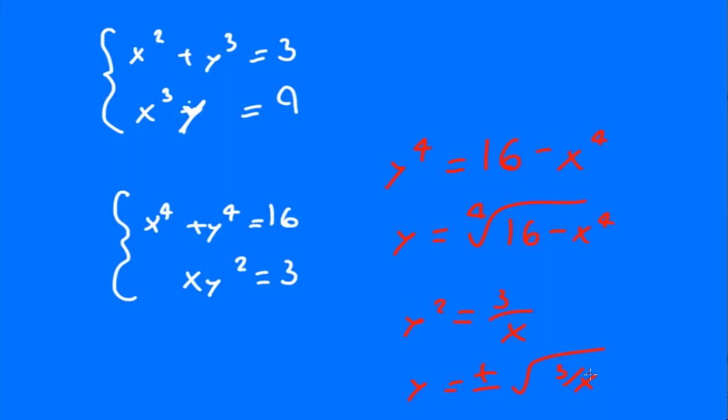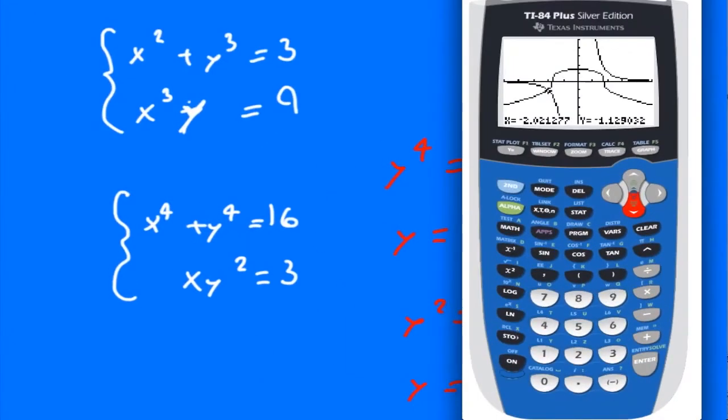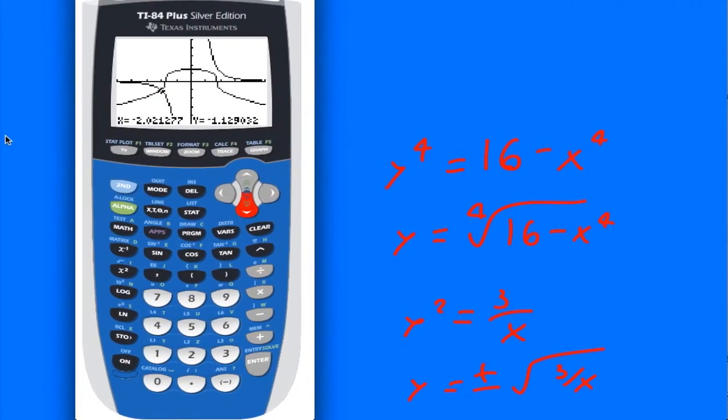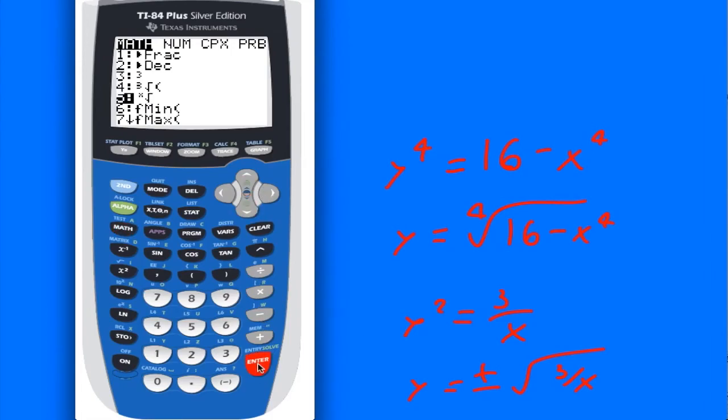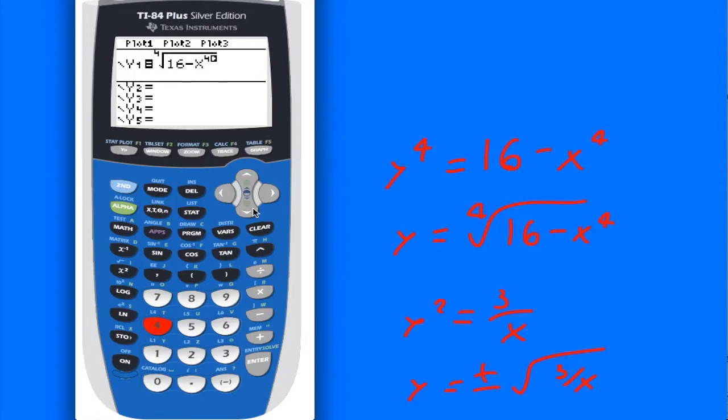And now we graph them. Let's plug it into our y's. I'm going to go to math, math 5 right here, and it's 4. 16 minus x to the fourth.